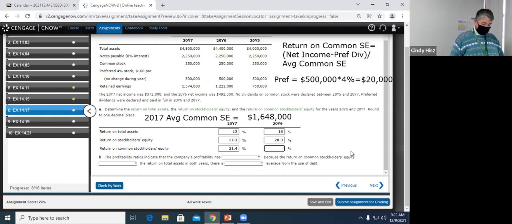Find the average stockholders' equity, common stockholders' equity, by excluding the preferred stock.